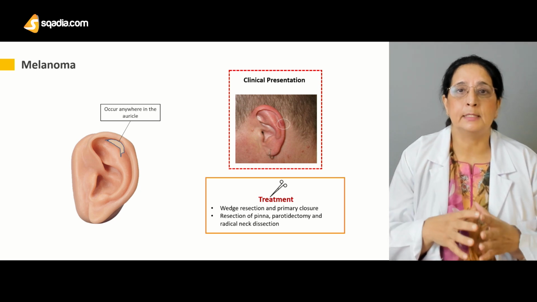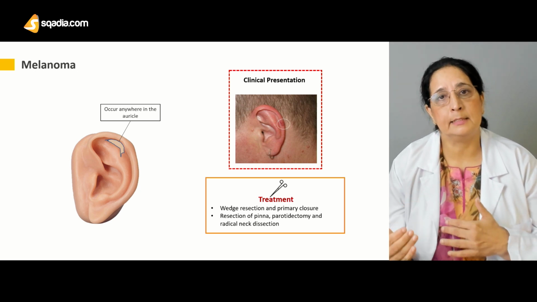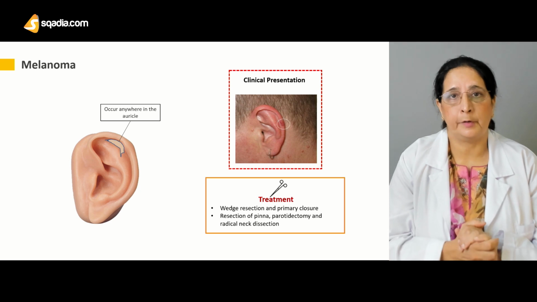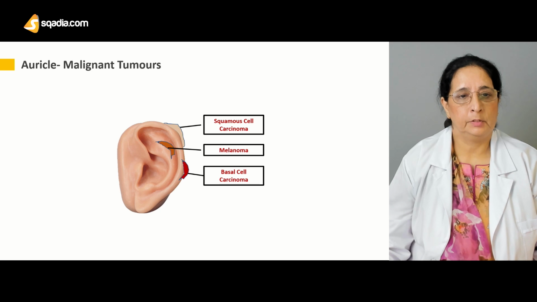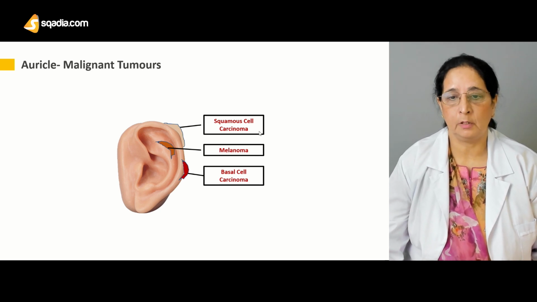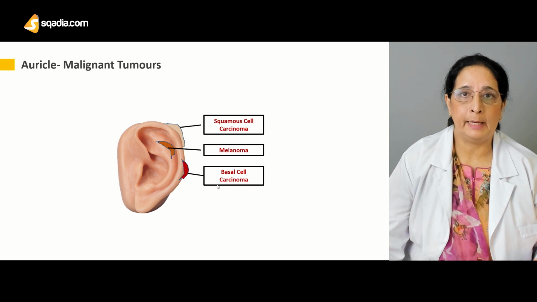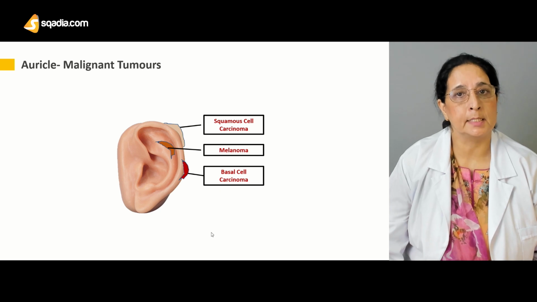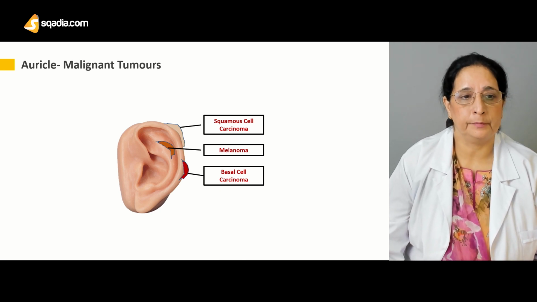If those are removed, there is less likelihood that it can spread to distant sites. So these are all the malignant tumors of the auricle we talked about in detail: squamous cell carcinoma, melanoma, and basal cell carcinoma.